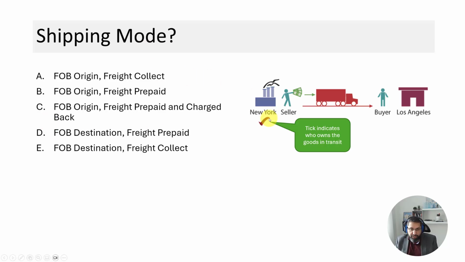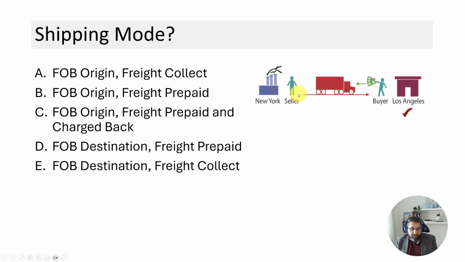And in this picture, the tick indicates the seller owns the goods in transit. And then the seller is paying the company and there's nothing coming from the buyer to the seller. So it's going to be freight prepaid, or option D, because prepaid means the seller pays for the transportation.